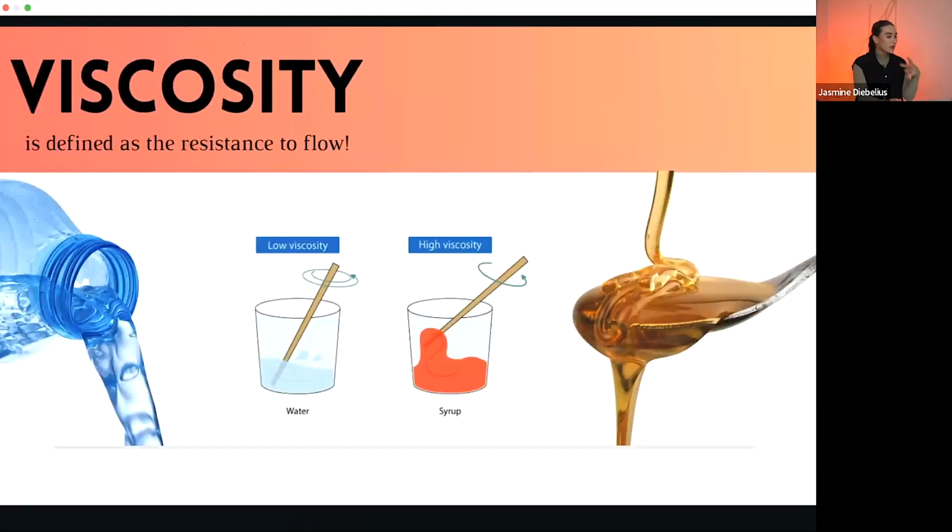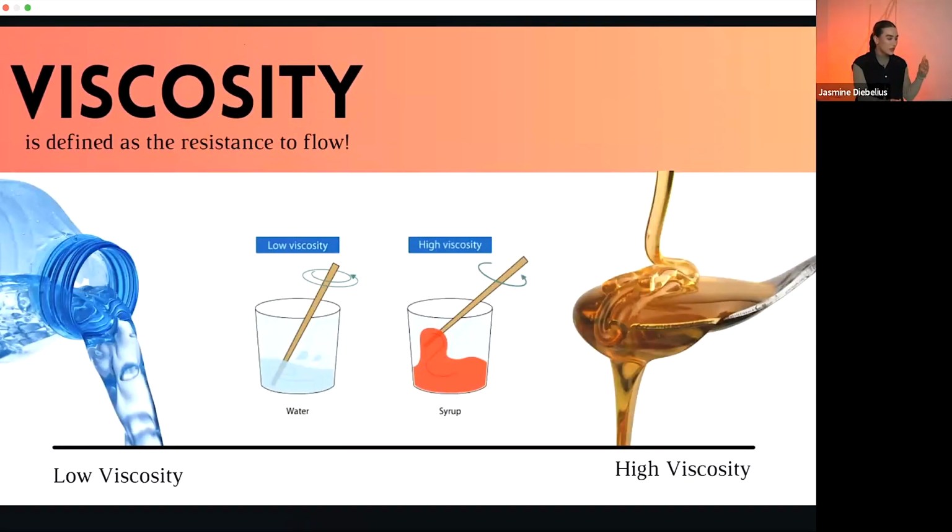So we have low viscosity, which means sort of like water, thinner, more liquid, and you have high viscosity, which is thicker, with a sort of syrupy, honey-like texture.